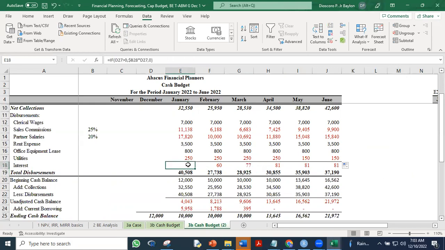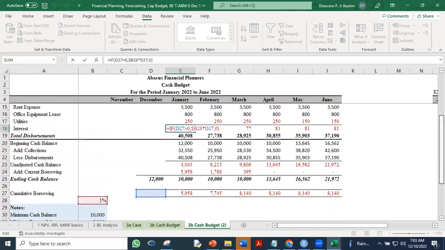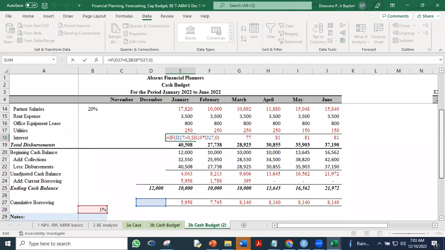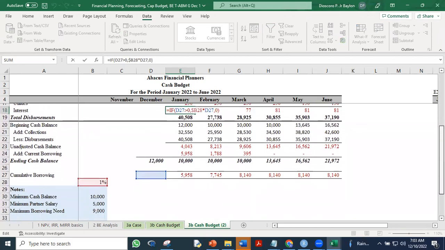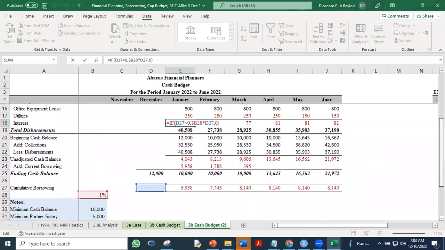And then lastly, how about interest? So let's take a look at interest. Here we are not disregarding the interest, we're including interest. So interest is 1%, and it's based on the cumulative borrowing, how much the company has already borrowed.